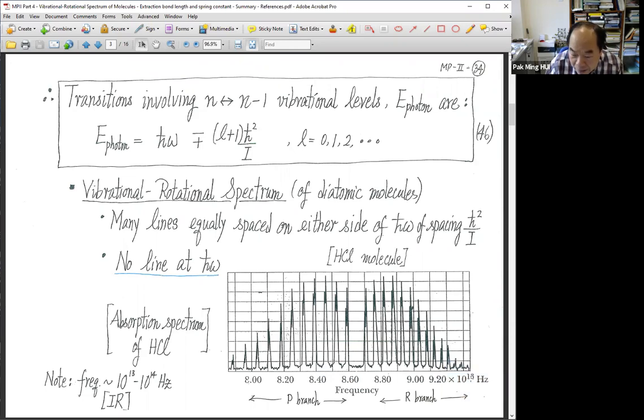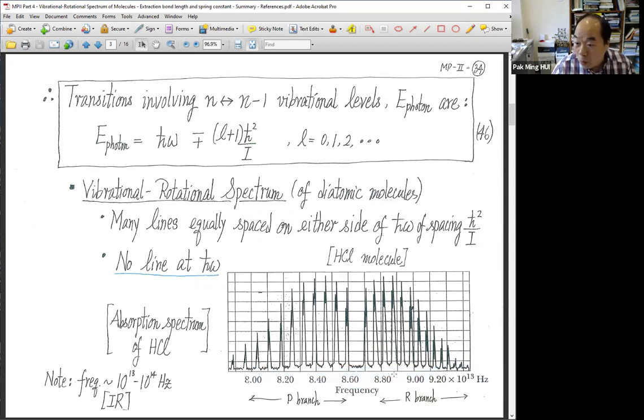So all this means it is high resolution spectrum, okay? We are seeing details in the mark of 0.2 times 10 to the 13 hertz on a scale of 10 to the 13 hertz, okay? So that is high resolution. That's why we see these details.